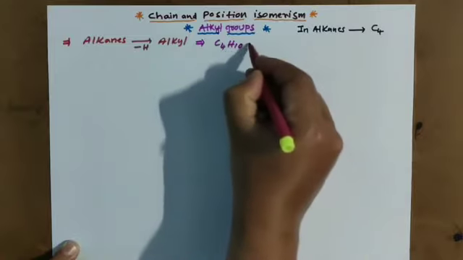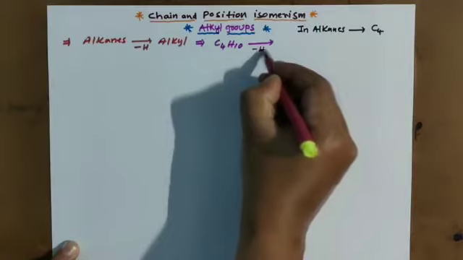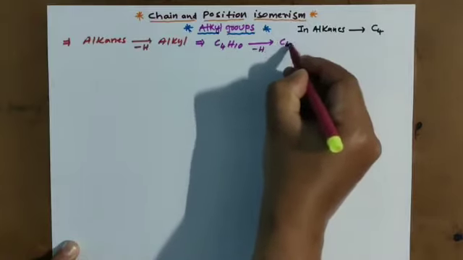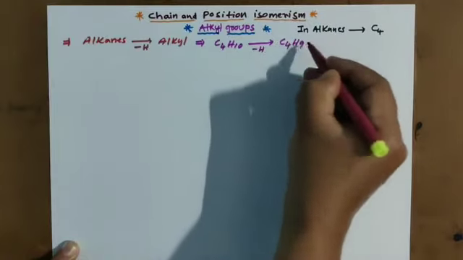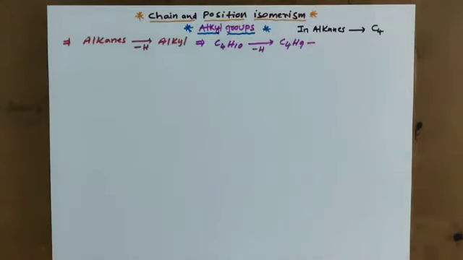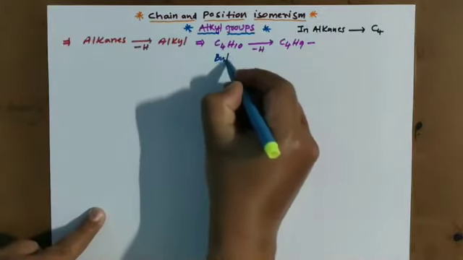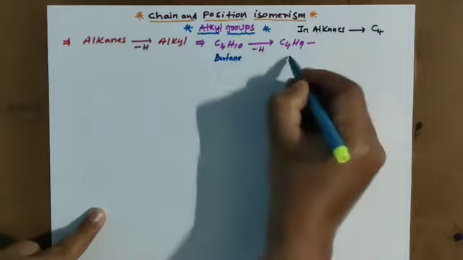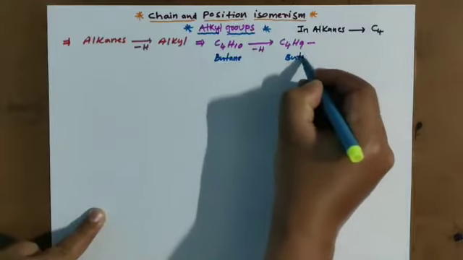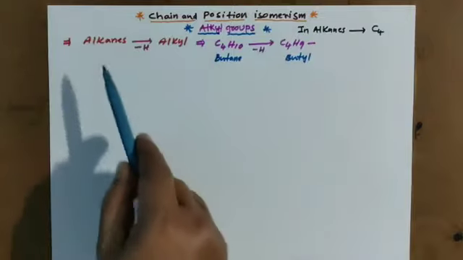C4H10. This is butane. And I am removing one hydrogen. C4H9. This is butyl. So butane converted to butyl. How did you get the alkyl group?